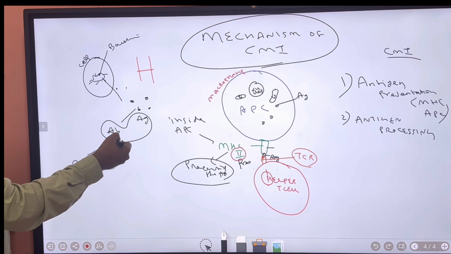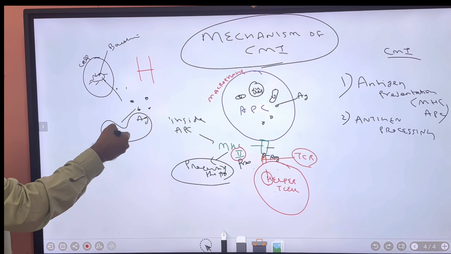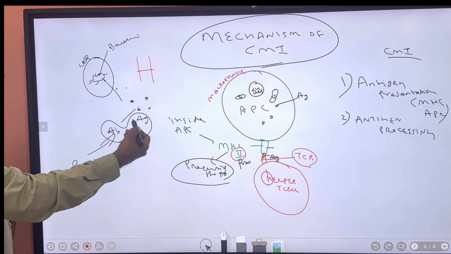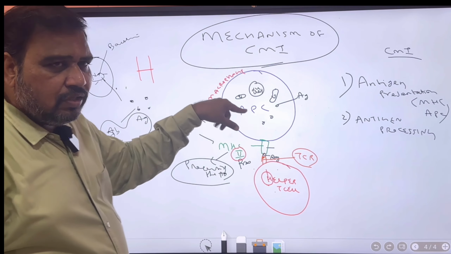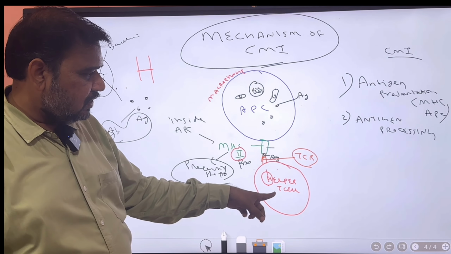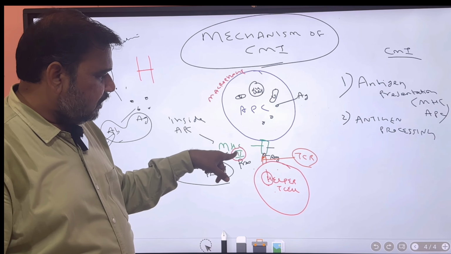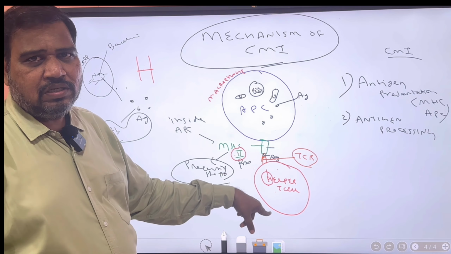So B cells differentiate into antibody and this antibody is going to kill this antigen. But this antigen entered into the antigen presenting cell. Once the APC comes, it is T cell. Since it is MHC2, it is helper T cell. If it is MHC1, it will be cytotoxic T cell. Note down that difference.